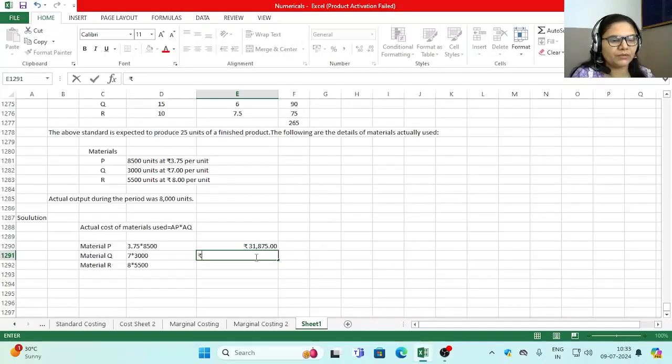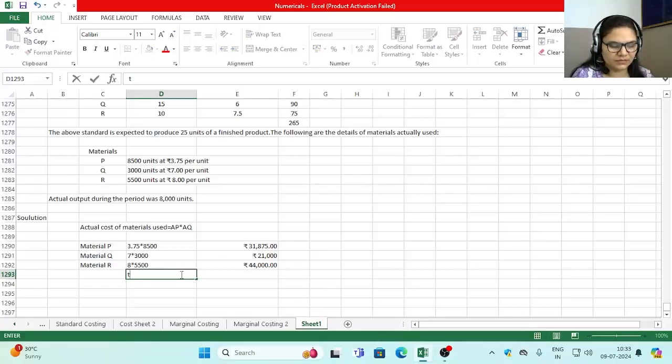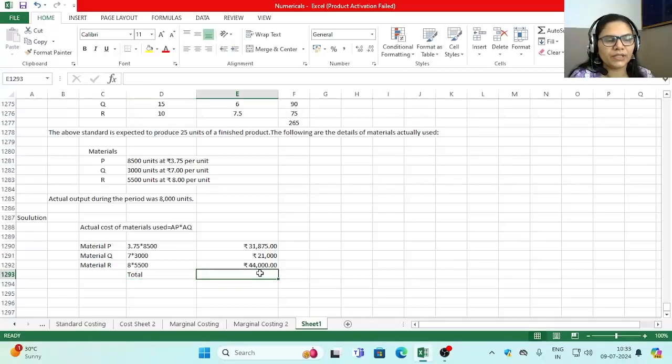Next, it will come out to be rupees 21,000. Next, it will come out to be rupees 44,000. Now we will do the total of all these materials. Total is 96,875.